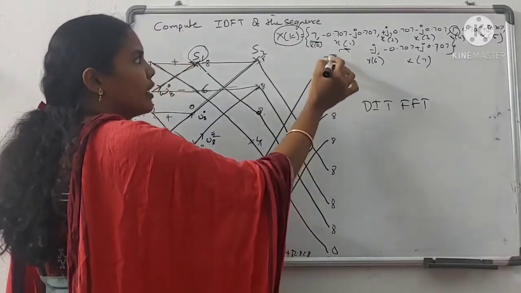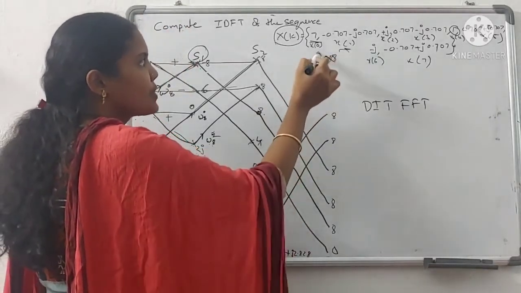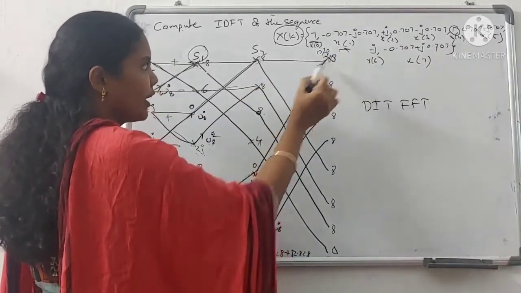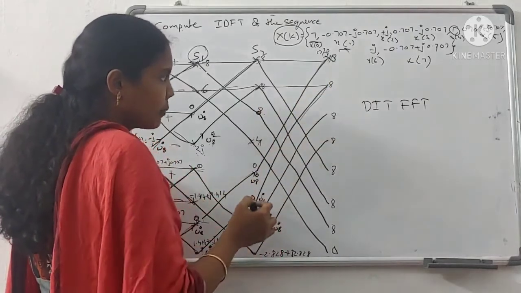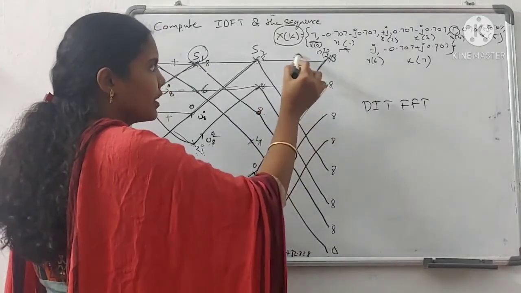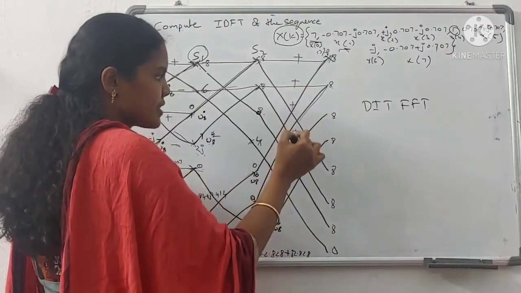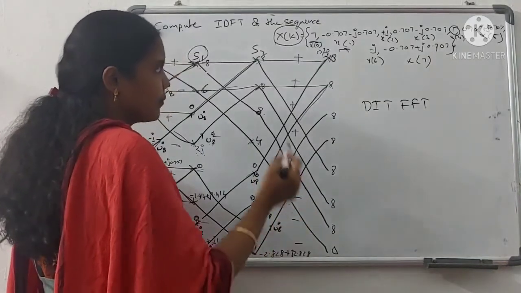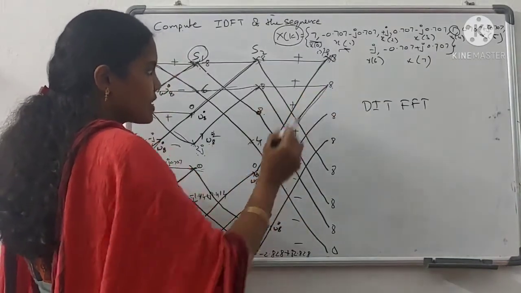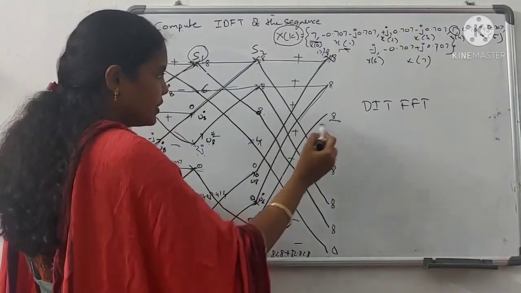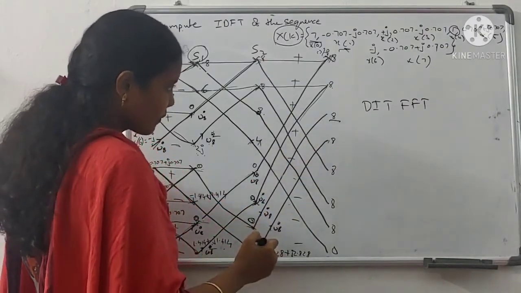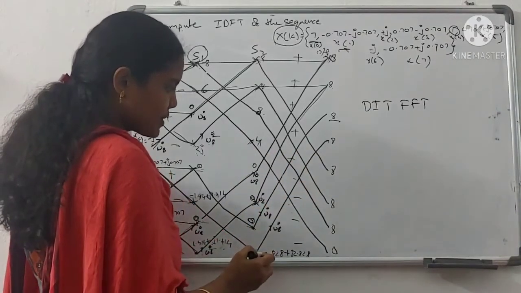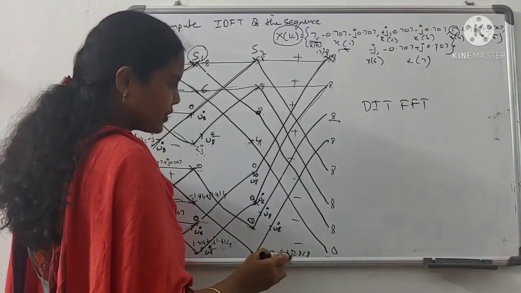Okay. So at last the output stage. This is the output stage. One input is 8, other input is 0. You are getting 8. One input is 8, other input is 0. You are getting 8. Here is 4 additions and 4 subtractions. Okay, 8 plus 0 is 8. 8 plus 0 is 8. 4 plus, so one input is 4. 4 plus minus 2.82 plus j 2.8.